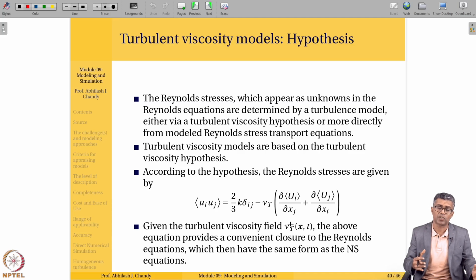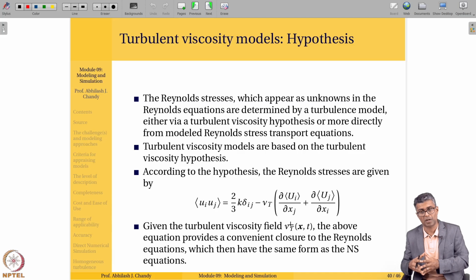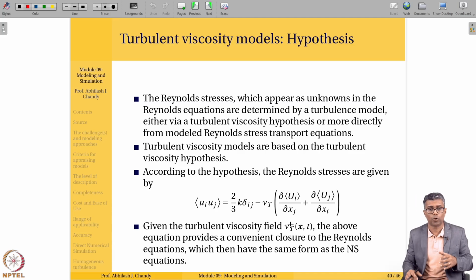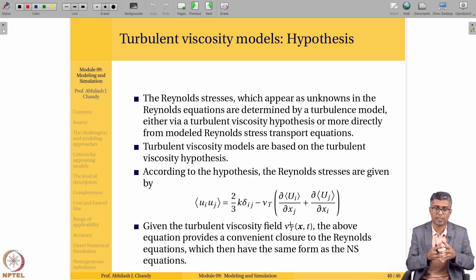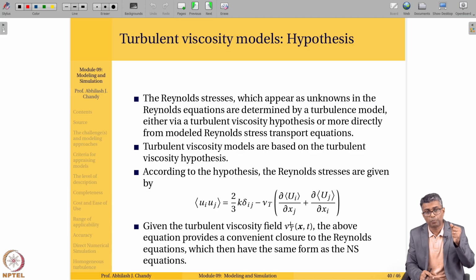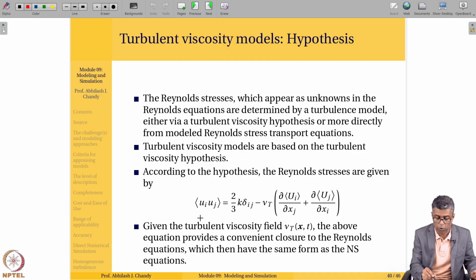So that takes us to our turbulent viscosity models, which is where our hypothesis comes up, the turbulent viscosity hypothesis. As you know, in order to get a closure for the Reynolds stresses, Boussinesq came up with the turbulent viscosity hypothesis. The turbulent viscosity hypothesis, like the name says, it's a hypothesis, there is no proof. It is based on the hypothesis which looks like this.